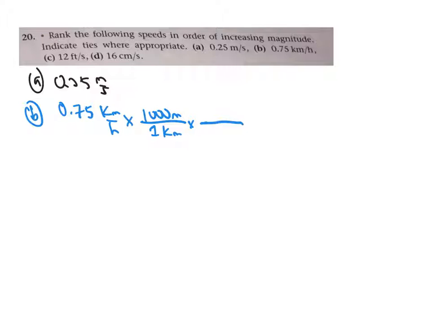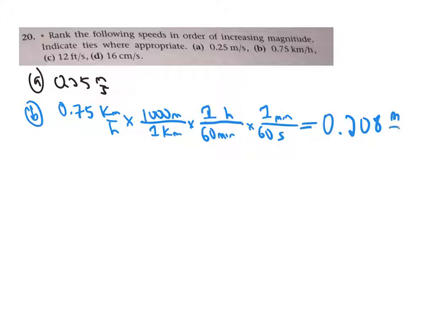And again, I'm going to say, well, every 1 hour is 60 minutes, and every 1 minute is 60 seconds. And so when all is said and done, I get 0.208 meters per second. It's probably one more sig fig than I have, but for this purposes, I'll keep it until it shows that we need it later.